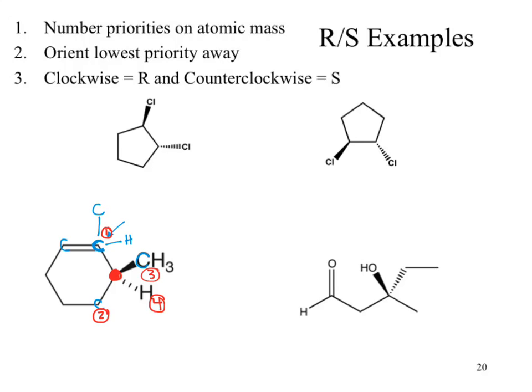What do we now have to do? Orient the molecule so that our lowest priority group is aimed away from us. What was that? Go ahead. It is already aimed away from us. If you've drawn your structure according to the proper three-dimensional characteristics, you do not have to do any more drawing. 1 to 2, 2 to 3, which direction are we turning?